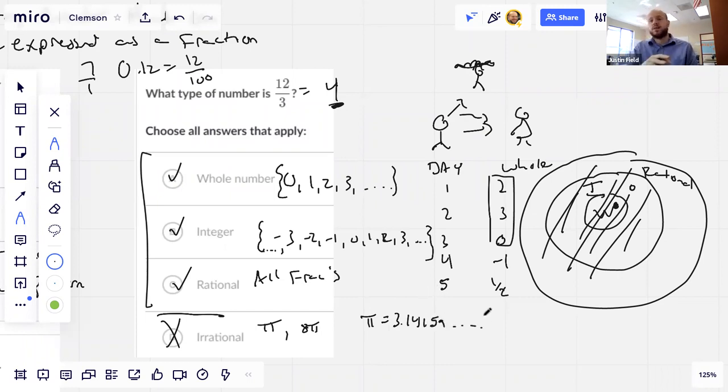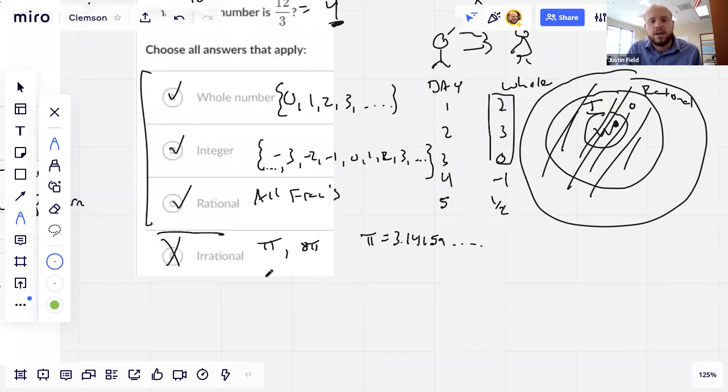Goes on forever, no pattern. And we'll talk more about pi. And also square roots that are not perfect squares, right? So these are examples of irrational numbers. And as you do this assignment, you'll get more examples, okay?